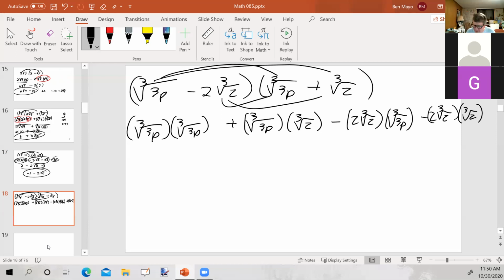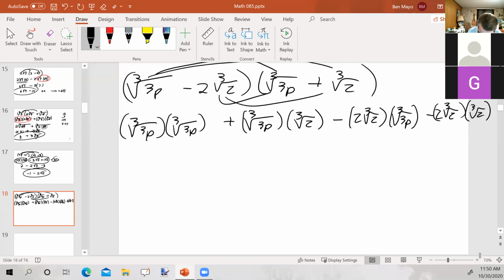Good thing I can write past the whiteboard there. Okay. In fact, let's see what happens if I do this. No, that doesn't switch and change it over.